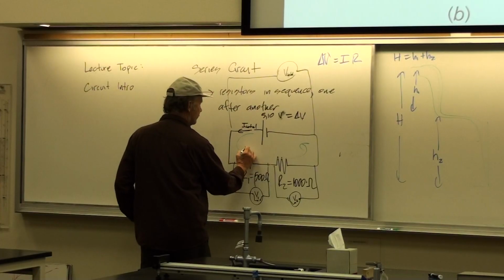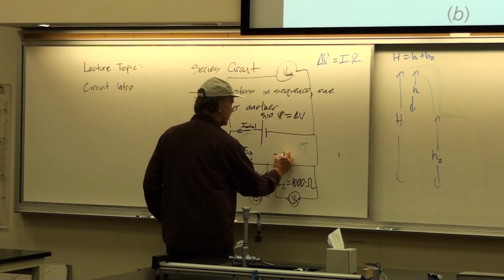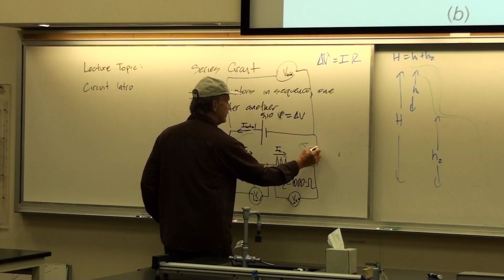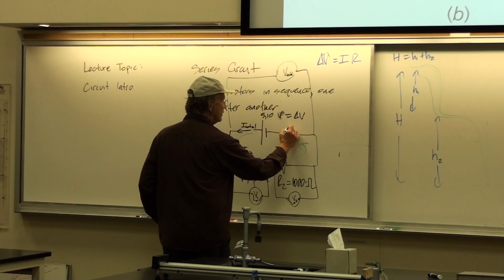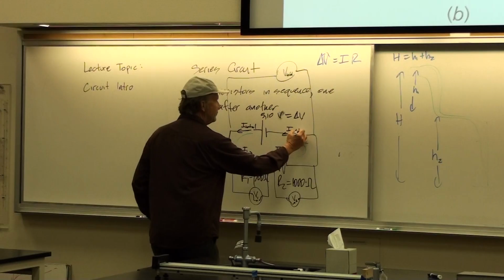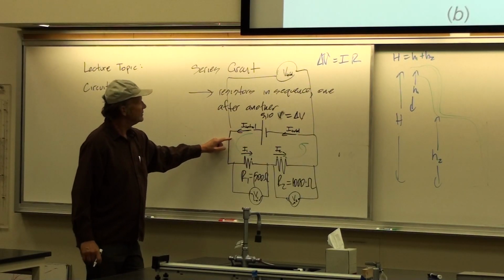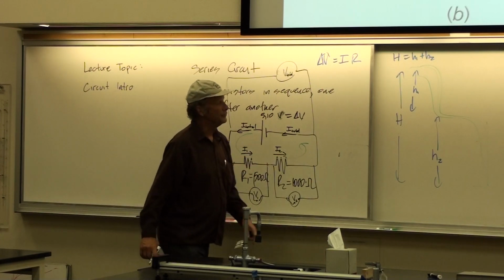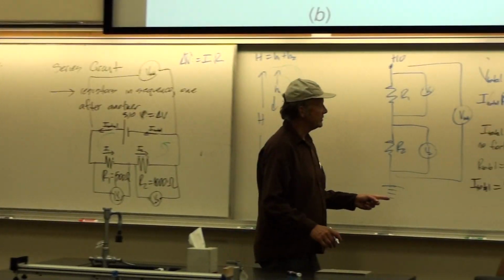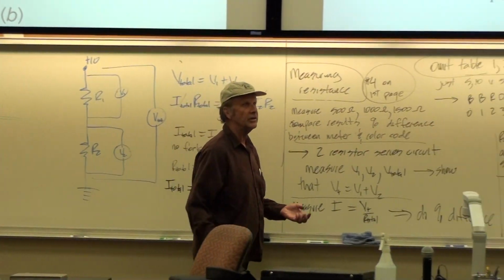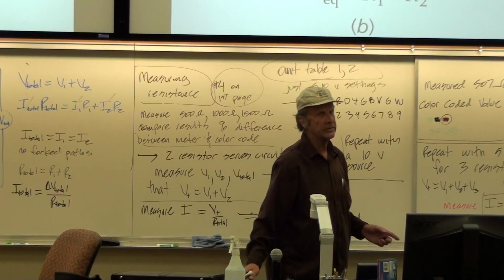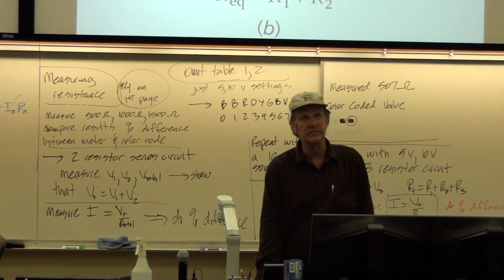Here across resistor 1, we could call that I1. Across resistor 2, we could call that I2. And when it is gone and it's coming back into the battery, we could call it I total again. But clearly, there's nowhere else for the charge to flow. So I total is the same. So that's the beauty of a series circuit. Once you've calculated I total, you know it all the way through the circuit. And that's not the case with a parallel circuit.